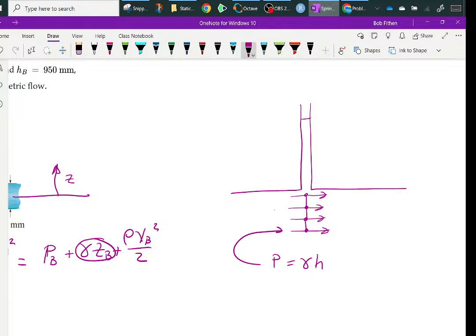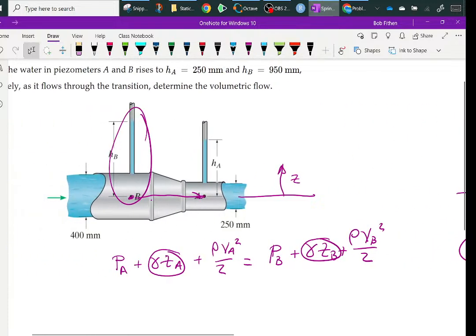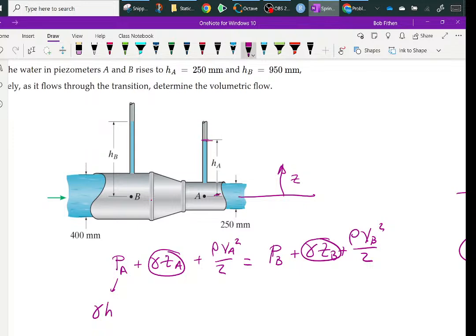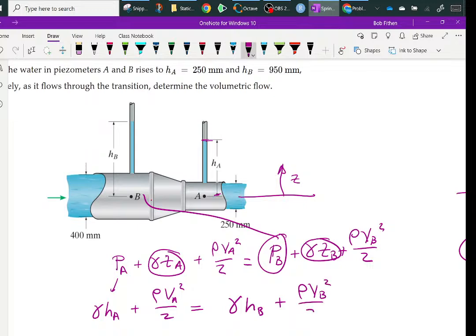And if that's the case, then the pressure at A, which I've done these, I would think A would come before B, but he's got B coming before A. So the pressure at A is nothing more than gamma times the height HA plus rho VA squared over 2 is equal to gamma HB plus rho velocity of B squared over 2.